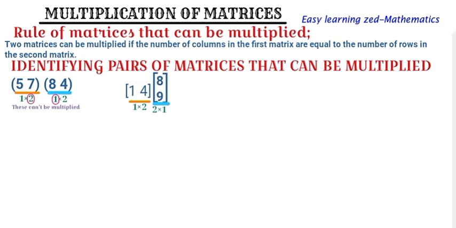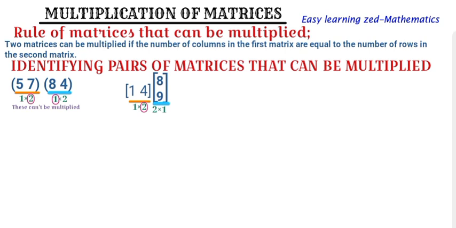Now let's check these two matrices. Let's go to the golden rule, which says the number of columns in the first matrix should be equal to the number of rows in the second matrix. In the first matrix, the number of columns is indicated by this circled number, which is 2.